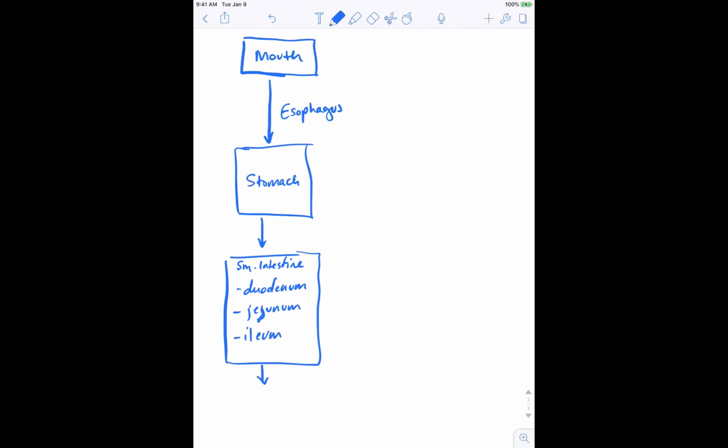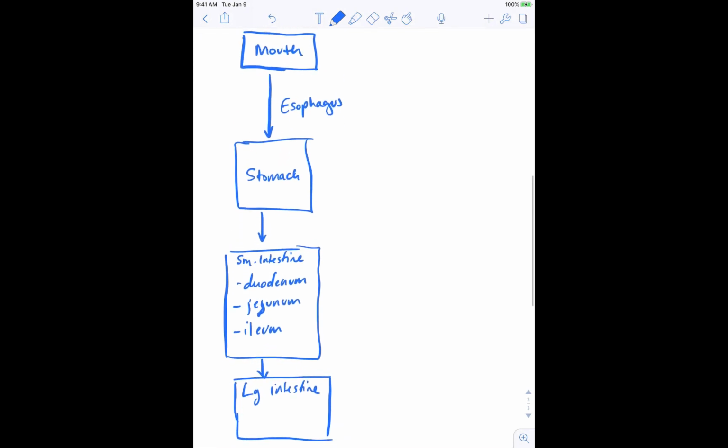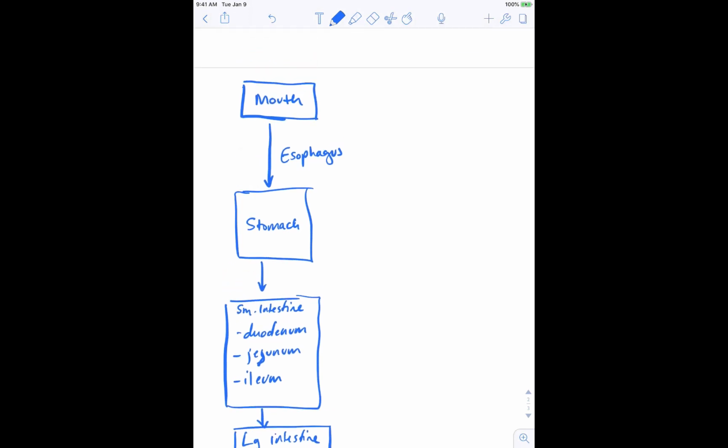And then from there to the large intestine, which ends in the rectum and the anus. So we need to think about what each of these structures is doing in terms of digestion.